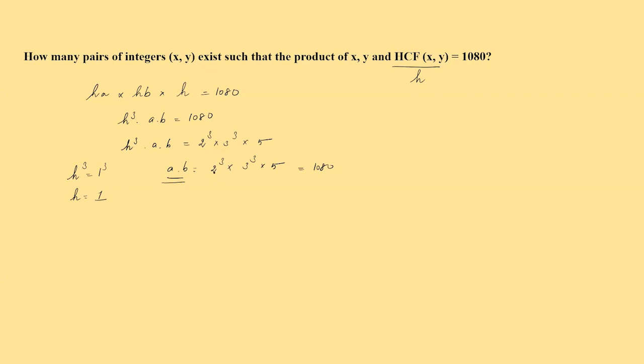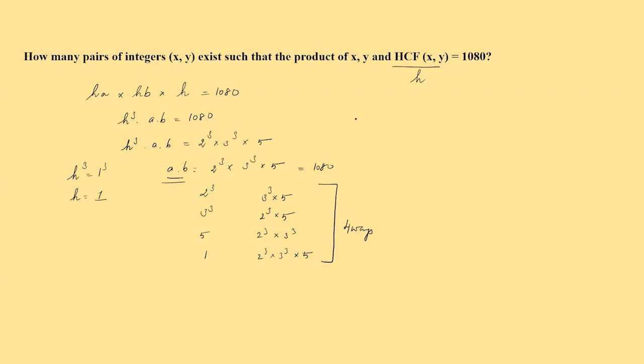First I can write it as 2 cube into 3 cube into 5. This we might have already seen in the factors class, my dear. Then I can take 3 cube and 2 cube into 5, and then 5 and 2 cube into 3 cube. I can also have 1 into 2 cube into 3 cube into 5. So there are 4 different ways.